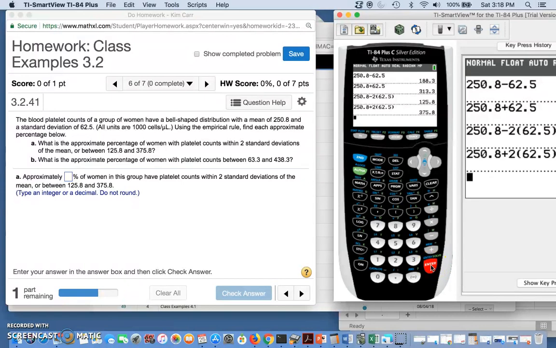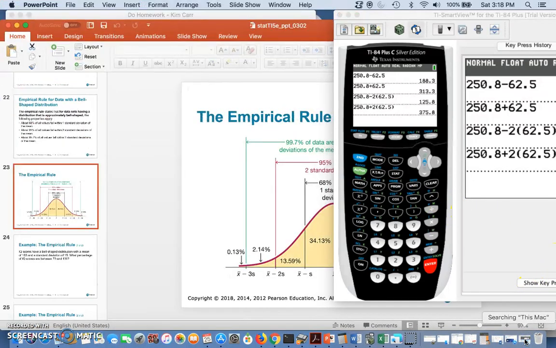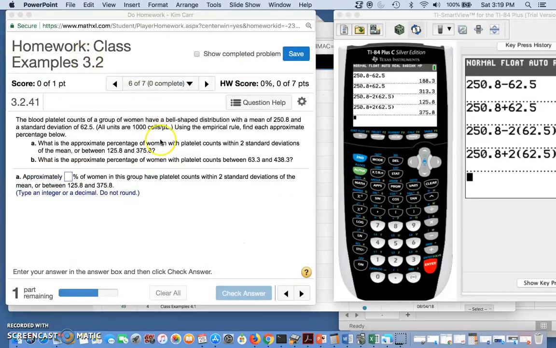Okay, that is 125.8 and 375.8. And you see that's what you got. Well, hopefully you remember what it was, but if you don't, pop that back up real quick and you can see what is the two standard deviations, and that is 95%.